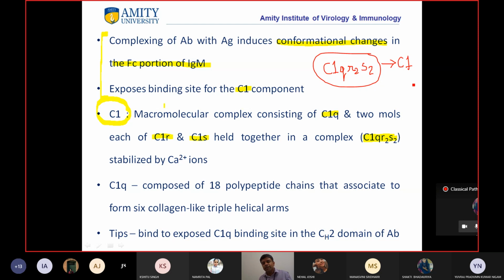If I tell you C1, then we are talking about this whole complex. So is it clear? Yes, sir. Okay.